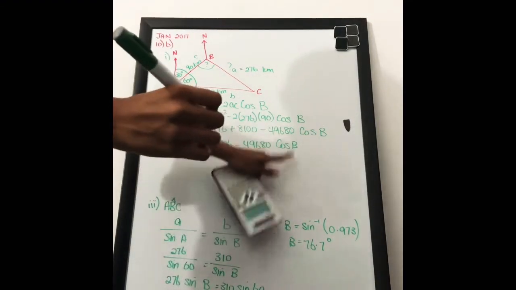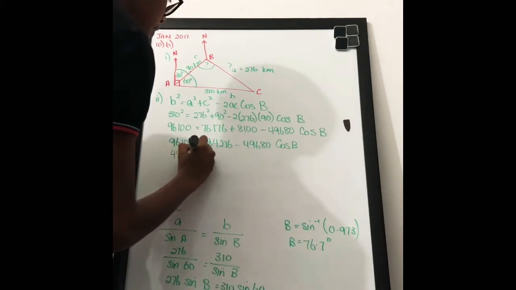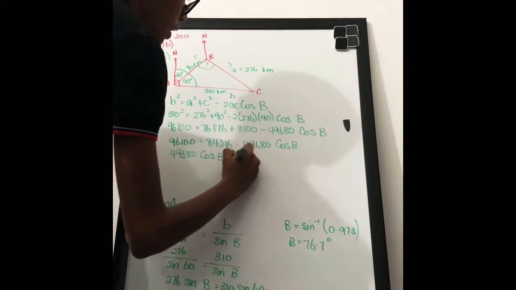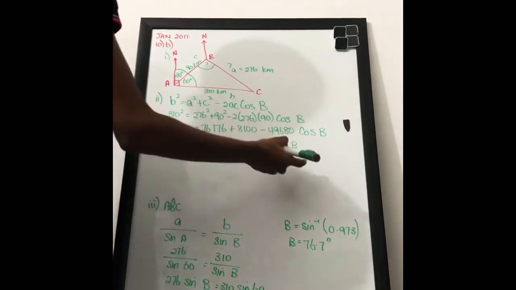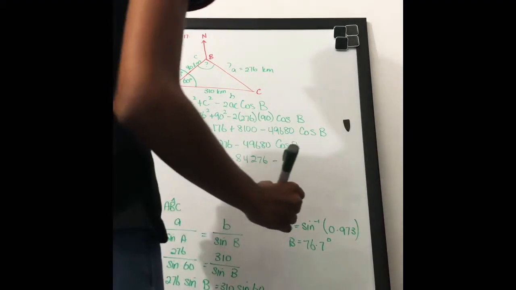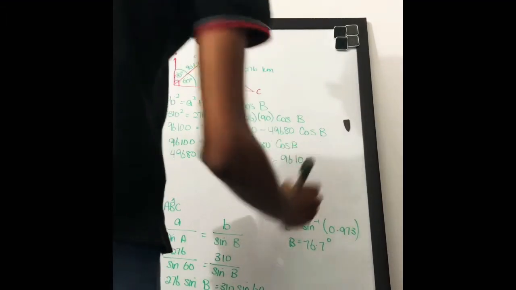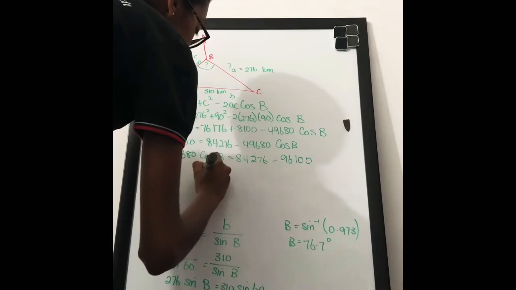Now because this is negative, let's take it to the left hand side. So we'll get positive 49,680 cos B. This remains on the right, so we have 84,276. When this goes across, it will become negative, minus 96,100.